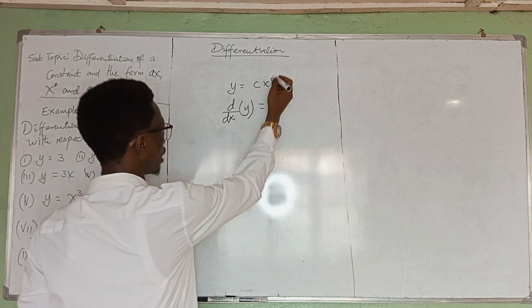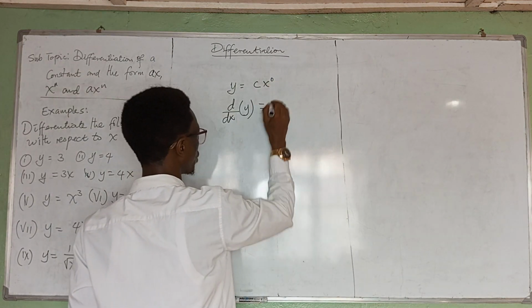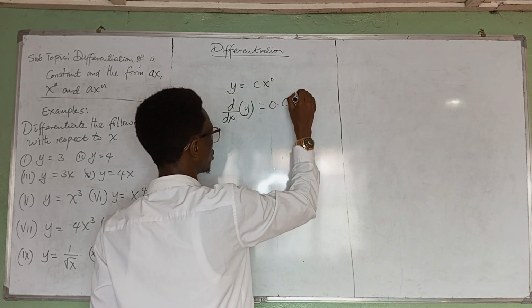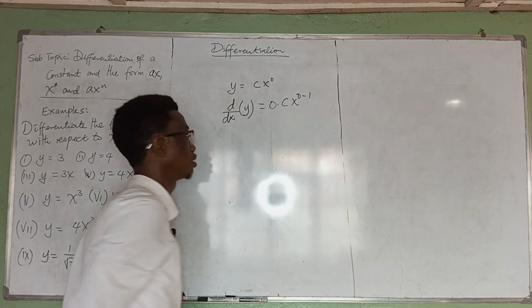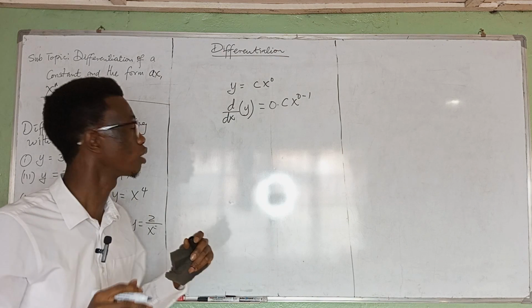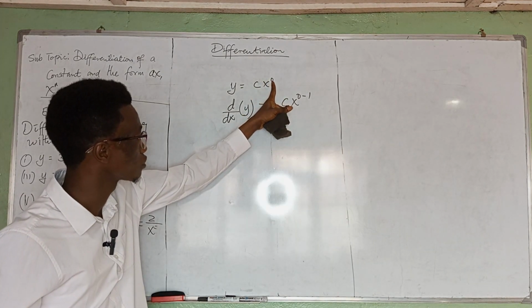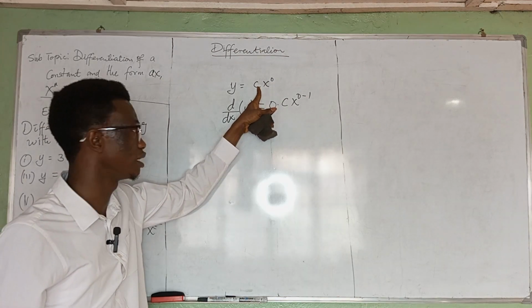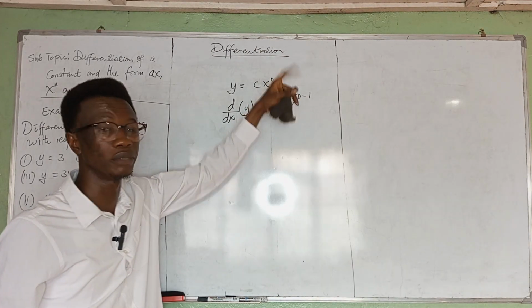So this is 0 multiplied by the constant, so it becomes 0 multiplied by c times x raised to 0 minus 1. We multiply the power by the coefficient of x, which in this case is c, and we reduce 1 from the power.